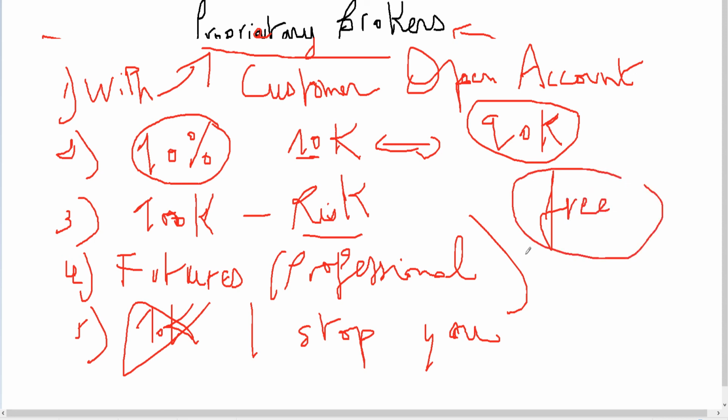If they ask you to pay, it means they are selling you something. And understand the most important thing I want to tell you. Do you think that proprietary brokers don't find professional people who have been in the market very long to make money, and they go to you who are an amateur?